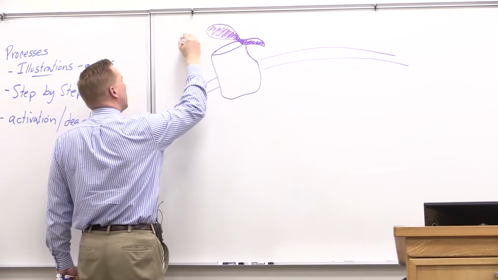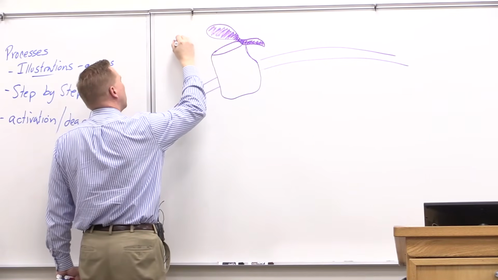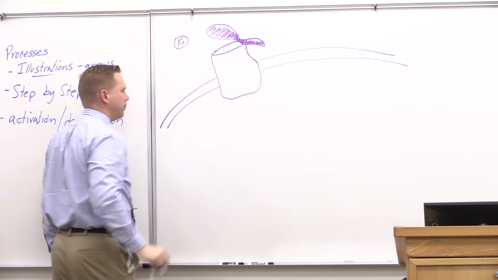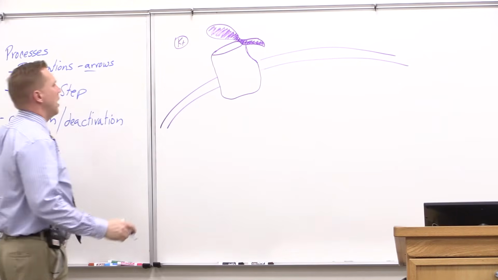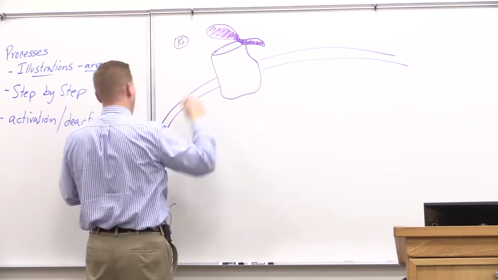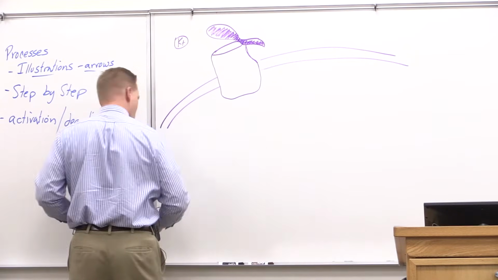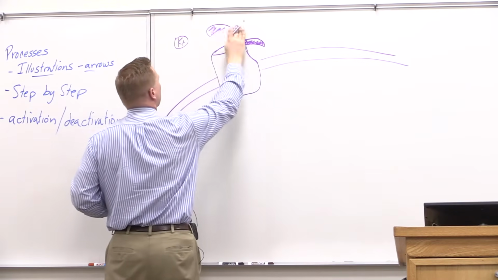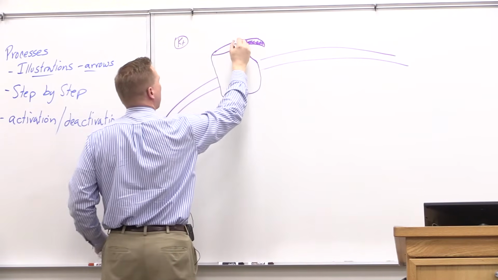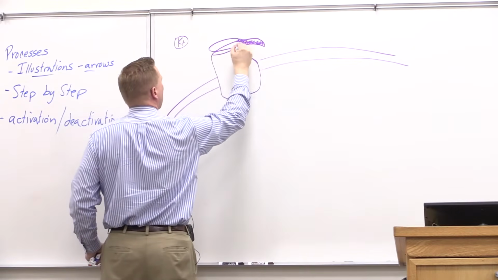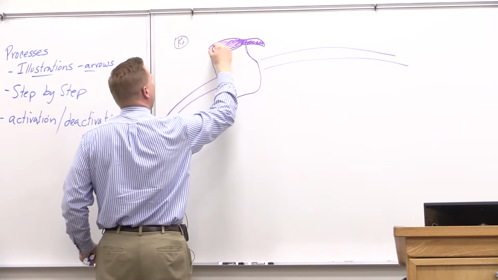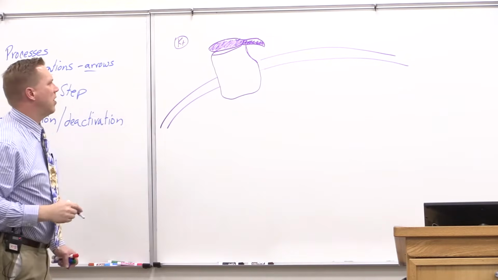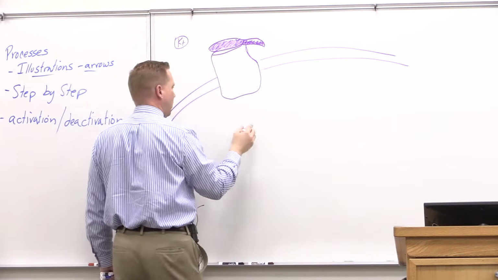The idea is that we'll have some kind of ion, like, let's take potassium ion. And the idea is that it would come through here. But we're going to start with this channel in its closed or inactive form.